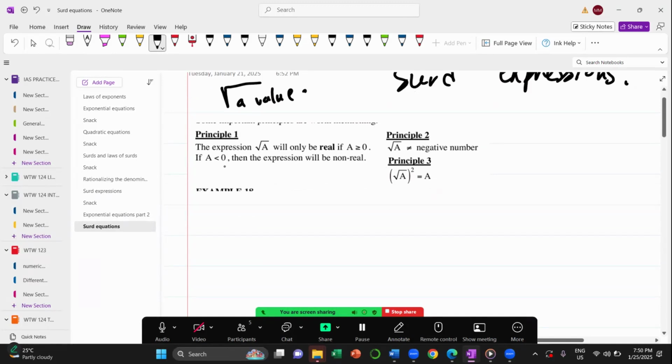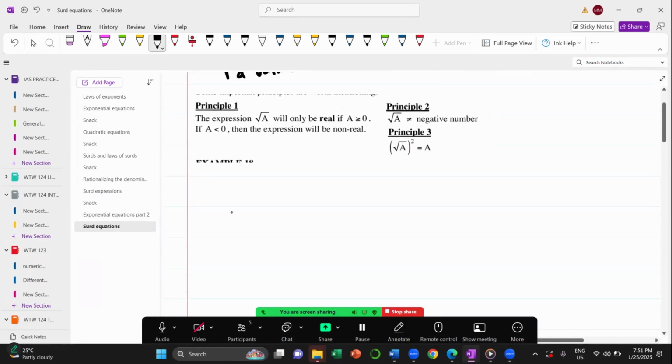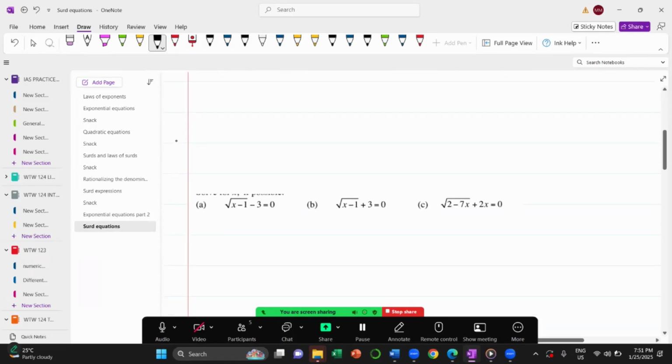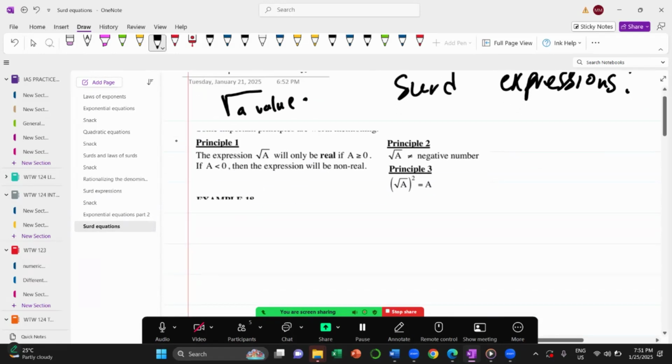Okay. So now for you to be able to do surd equations, you must be able to follow these three laws. There are not many.